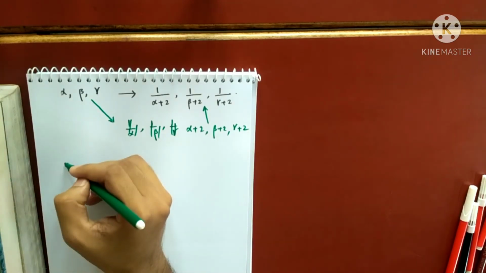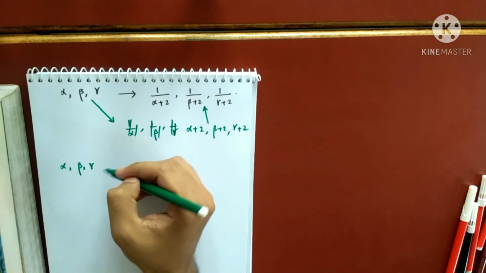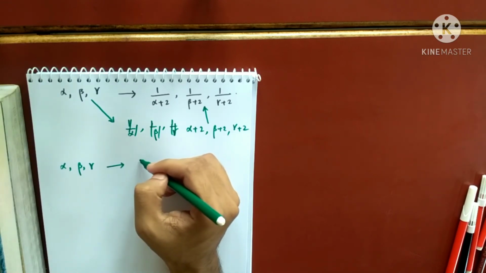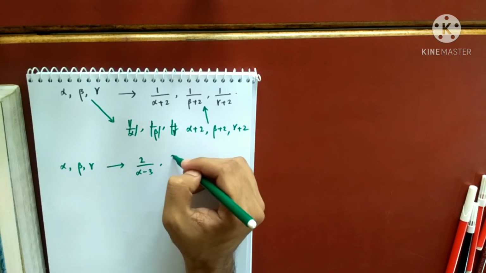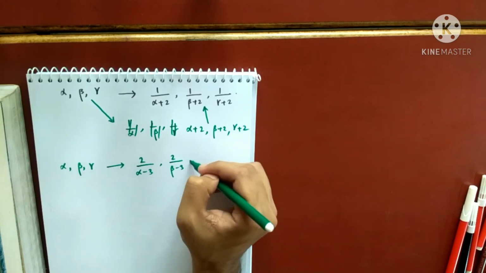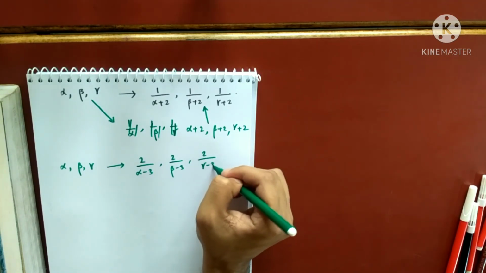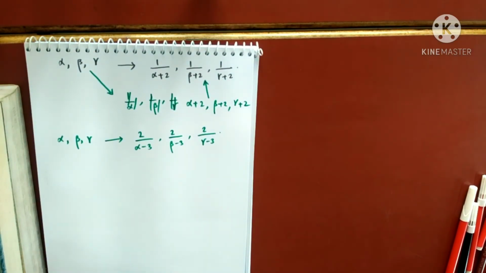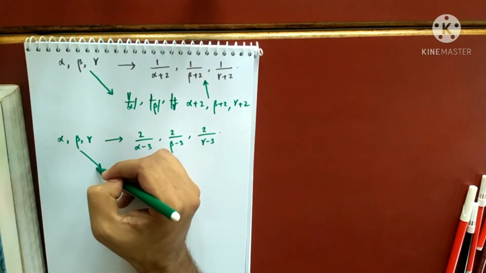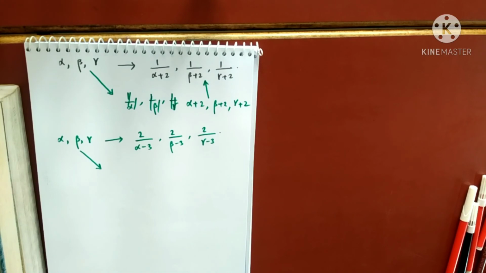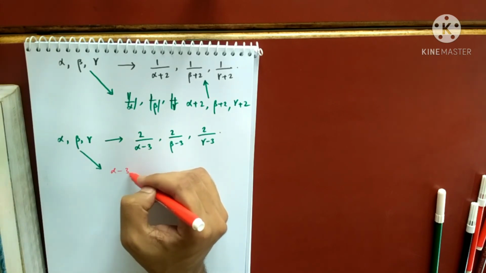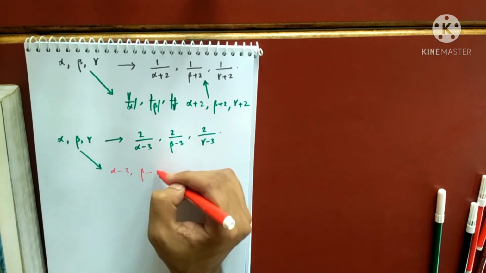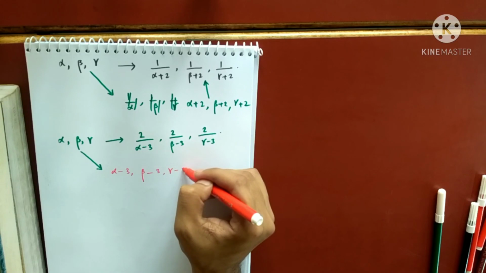Similarly, if alpha, beta, gamma are the roots of some equation, and you want to determine the equation whose roots are 2 by alpha minus 3, 2 by beta minus 3 and 2 by gamma minus 3, what will I do again? First, I'll find the equation whose roots are alpha minus 3, beta minus 3, gamma minus 3.